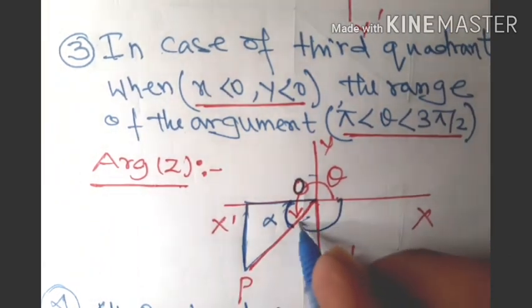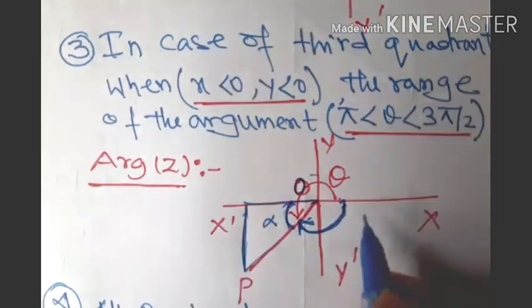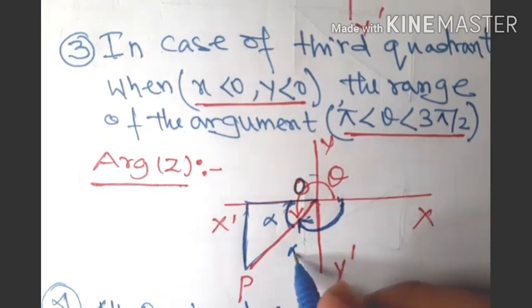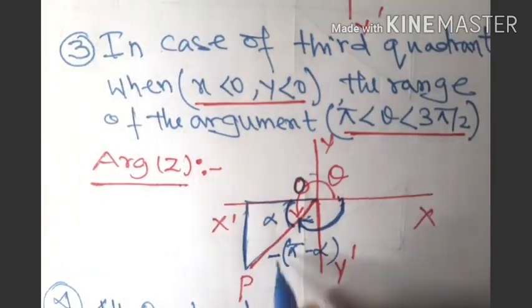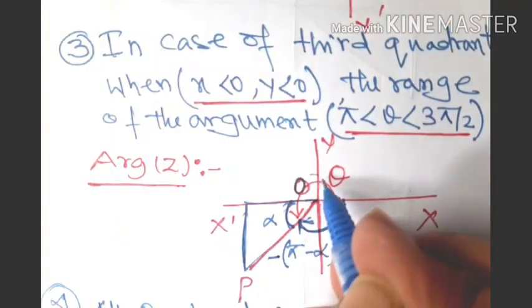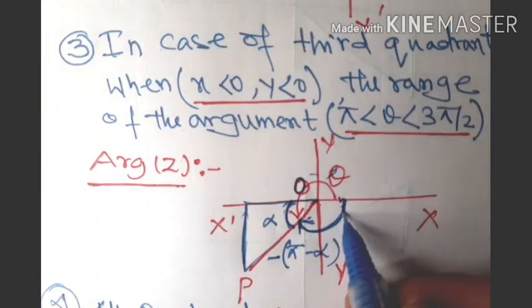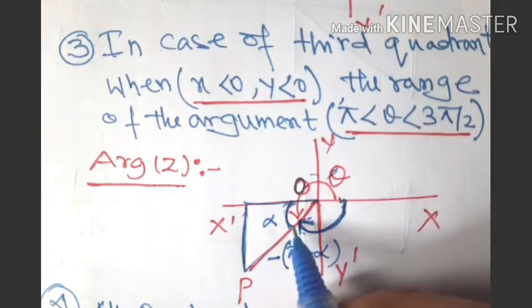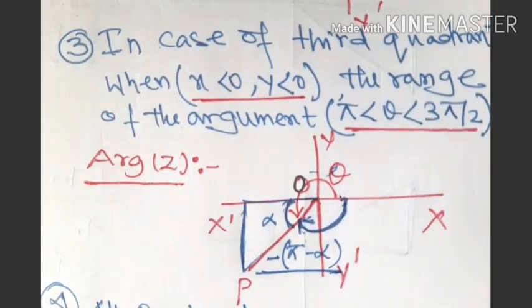The principal argument will be counted from this direction. This means pi minus alpha will be here also, but the sign will be minus, because an anti-clockwise angle is positive. That means in this direction, but here I have changed the direction of the angle, that is clockwise. That's why you have to put a minus sign here.